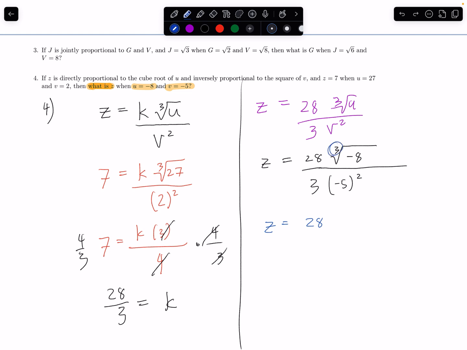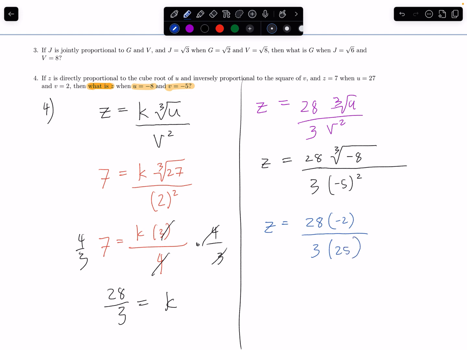And you're allowed to take negatives because it's a cube root, not a square root, right? It's possible to get negatives because you have an odd number of factors, things that are within the root. So that's going to be -2, the cube root of -8. And the bottom is 3. -5 squared is going to be positive 25.